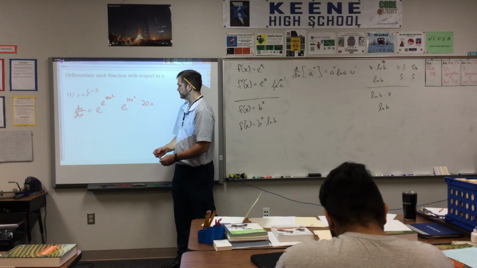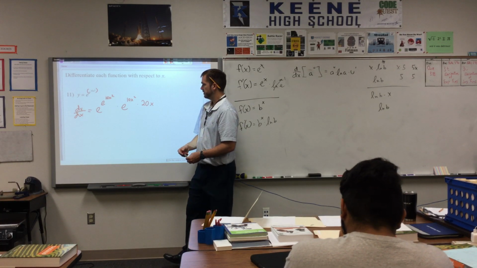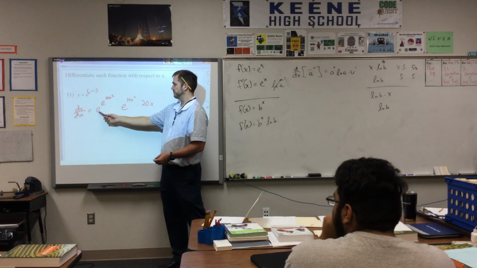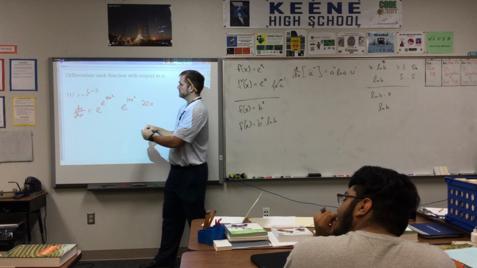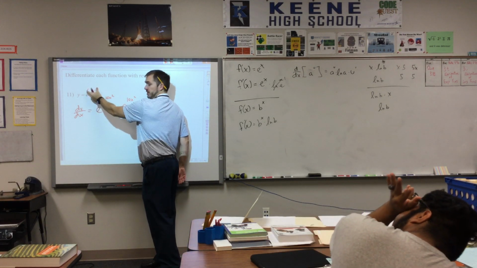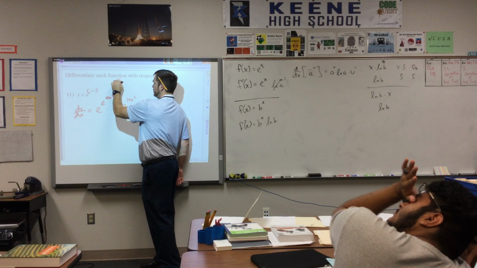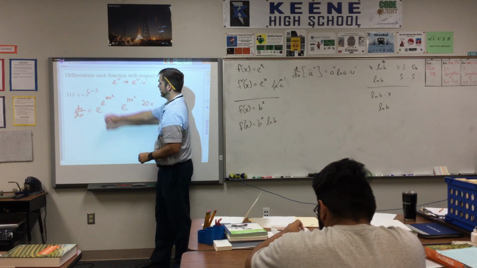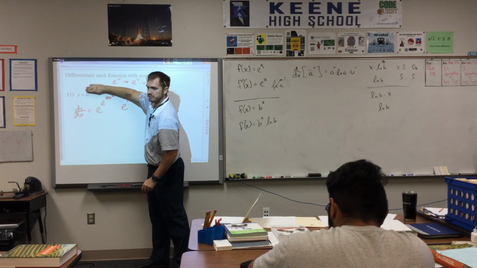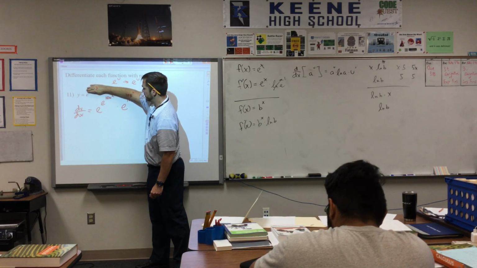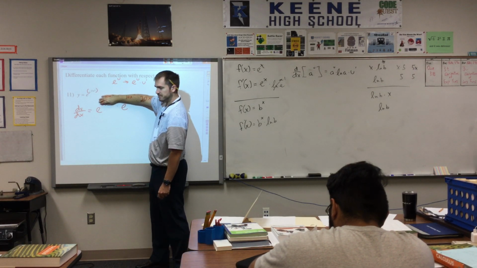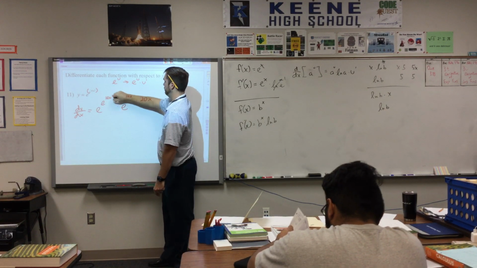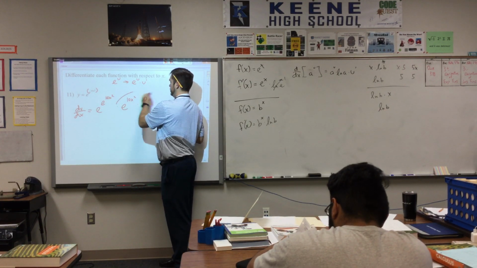That's absolutely right. What about the e on the bottom? This one right here? Yes. So it's e to the blah, right? So the derivative of e to the u is going to be e to the u times u prime. Right now my hand is taking the place of the u. So the derivative of this is e to the u, which is what I've got here, e to the hand. And then all of this is the u prime.